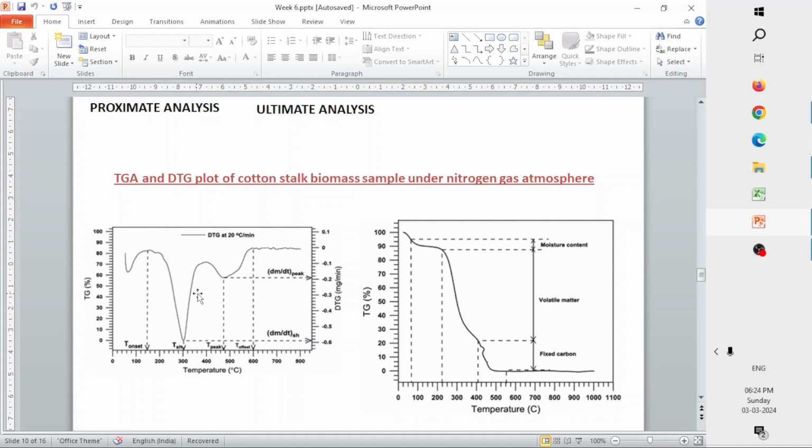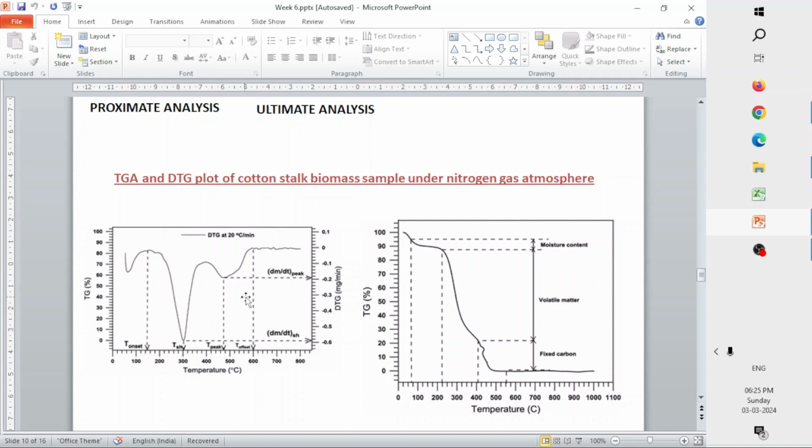The DTG plot helps us understand the percentage of hemicellulose and cellulose content that undergoes degradation. So this is one of the advantages of a DTG plot.